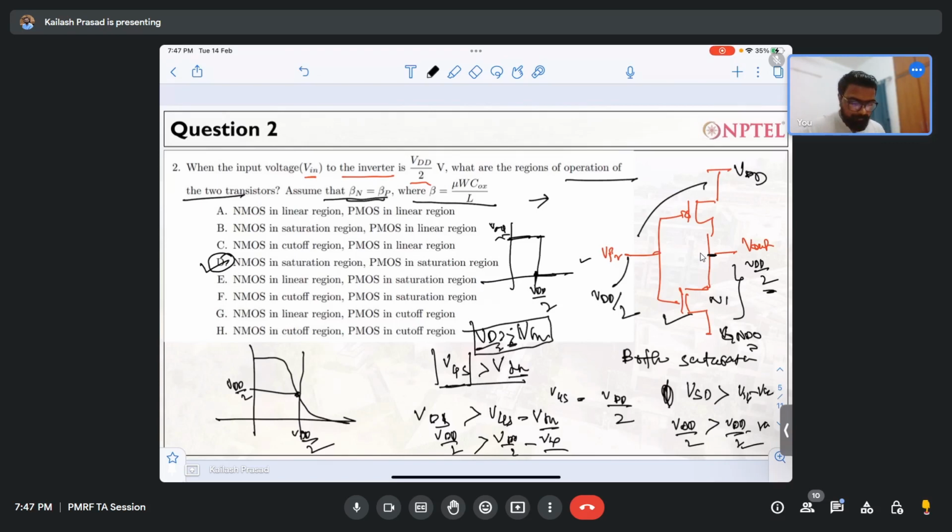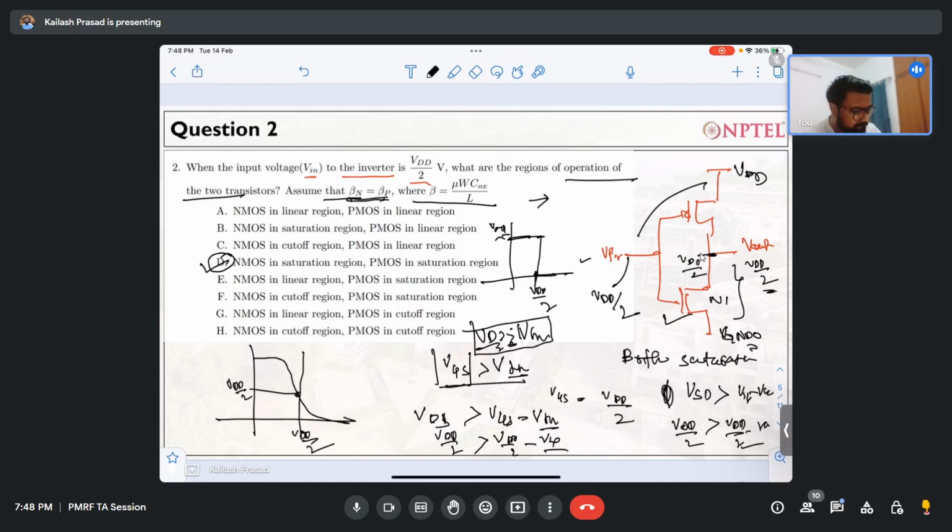If this condition beta n equal to beta p is not given, then what do we consider? Then there is a problem. How will you identify? There should be some things given to identify where the transistor is, because this particular thing is very important: beta n is equal to beta p. How have I said here that it will be VDD by 2? Can you tell me?